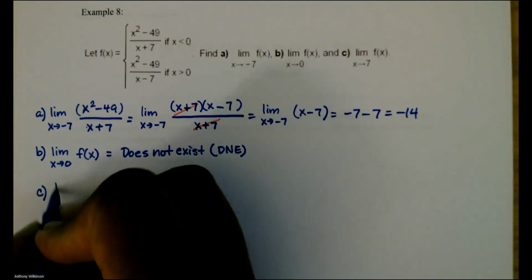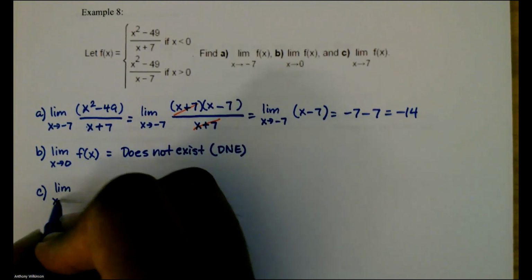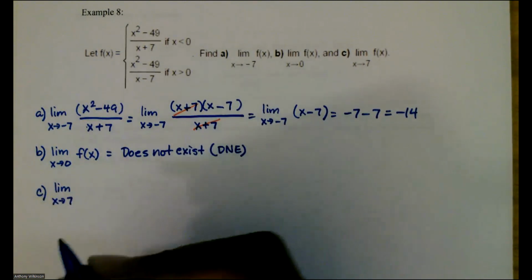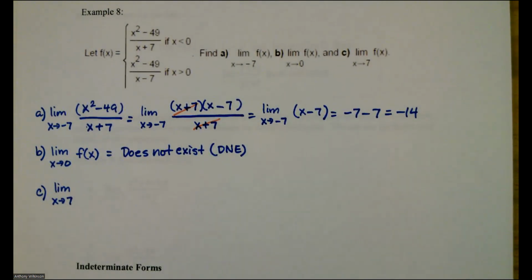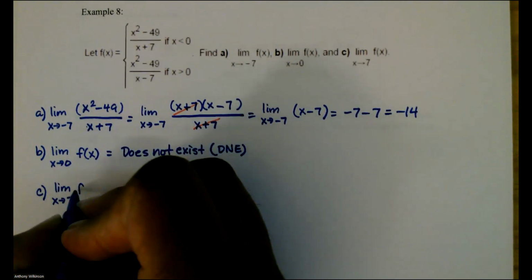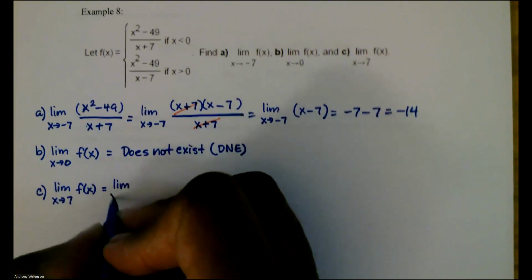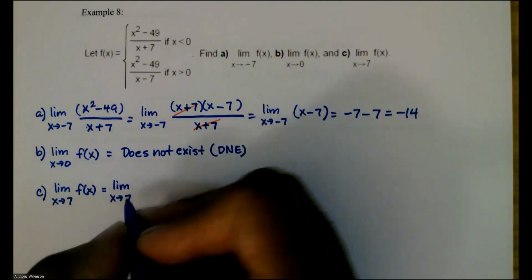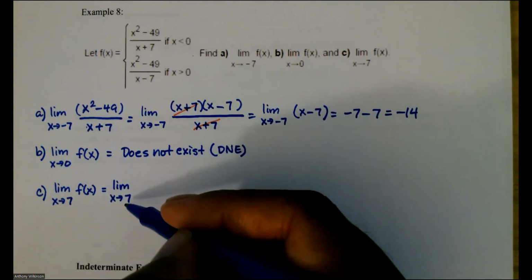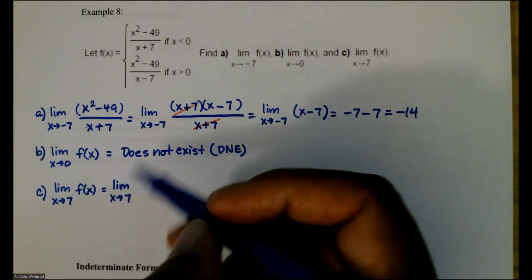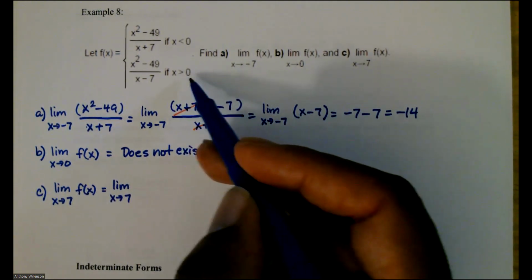All right, and part C is the limit as x approaches 7 of f of x. In this case here, the constant that we're going to is 7. And 7 is positive. That's greater than 0.